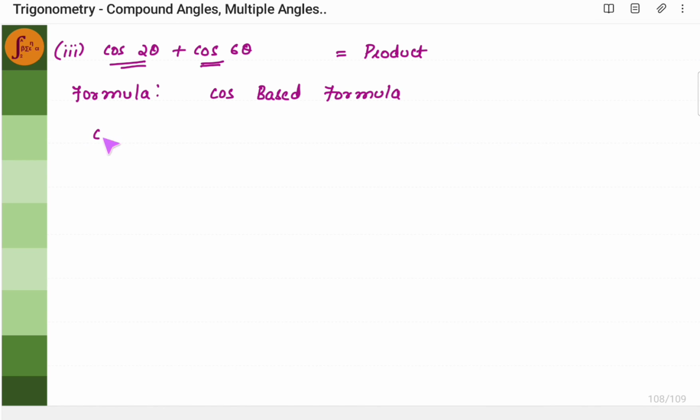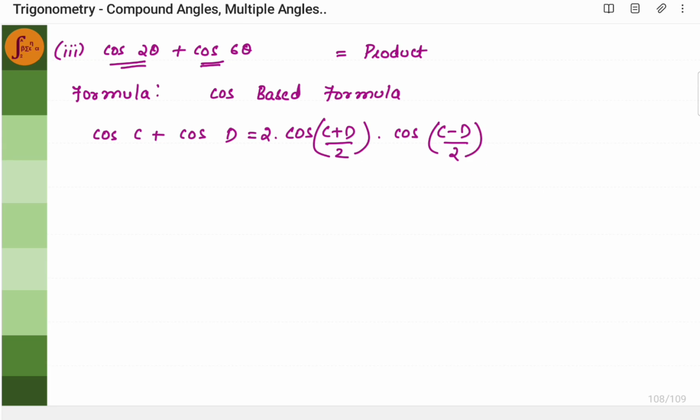It will be cos c plus cos d is equal to 2 into cos of c plus d by 2 into cos of c minus d by 2. The clue is cos on both sides.